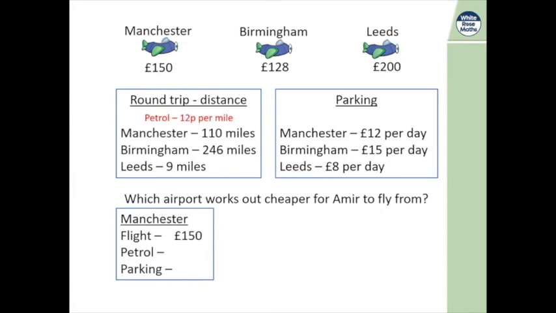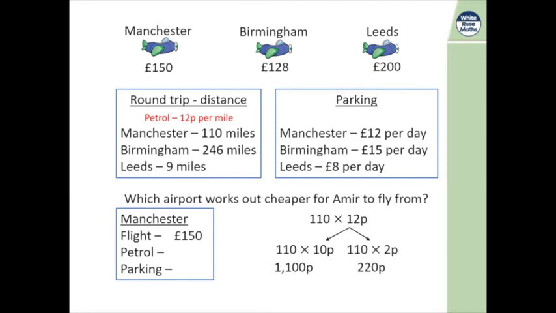It's a 110-mile trip to get to the airport and back, and it costs 12 pence per mile. So we must do 110 multiplied by 12 pence to work out the cost of petrol. I'm going to partition 12 pence into 10 pence and 2 pence. So we can do 110 multiplied by 10 pence, which is 1,100 pence, and 110 multiplied by 2 pence, which is 220 pence.